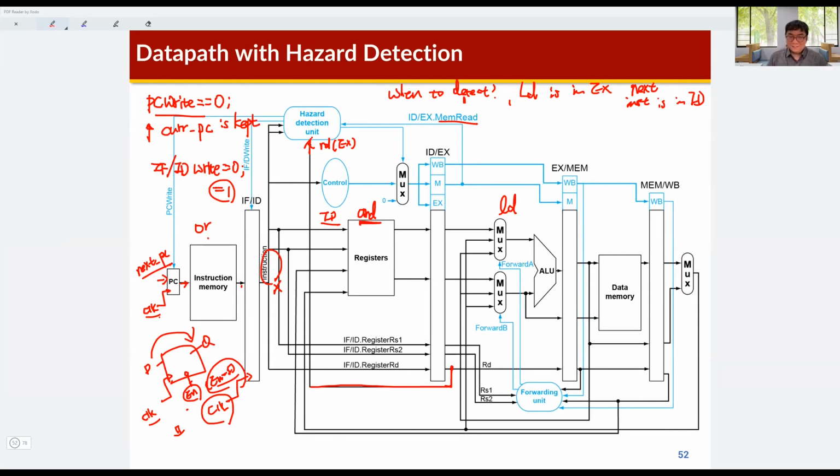So I explained how to stall the pipeline, and then we need to generate a NOP, the no operation. Now, how can we generate the NOP instruction? We can just make the control signals to the EX stage zeros.